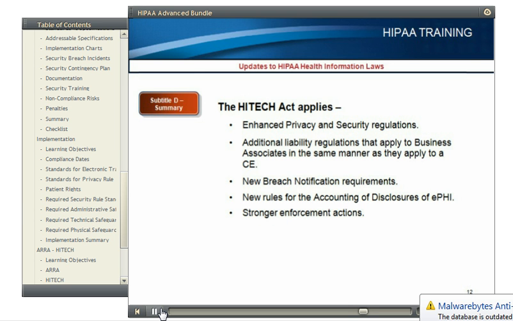The High Tech Act applies enhanced privacy and security regulations, additional liability regulations that apply to business associates in the same manner as they apply to a CE, new breach notification requirements, new rules for the accounting of disclosures of ePHI, stronger enforcement actions.